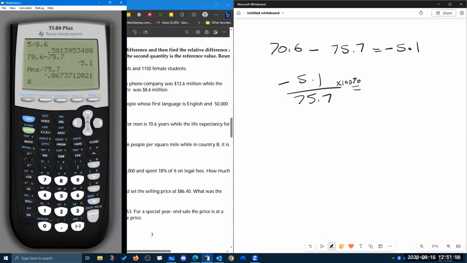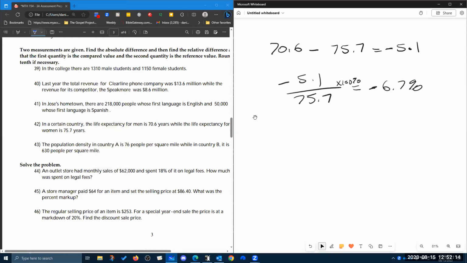And this is a negative 6.7%. So men live 6.7% fewer years on average in this place than the women, based off of average life expectancy.